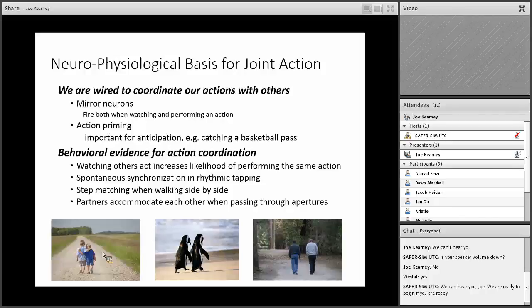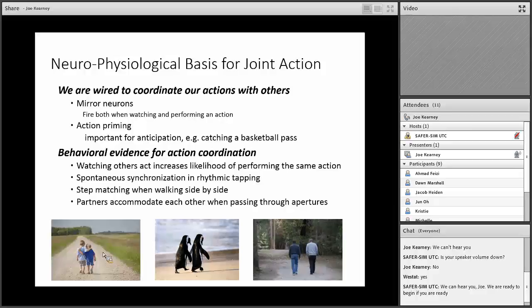There are also neurons that respond in anticipation of actions. They prime you to respond to actions of others that are important when you're doing interactive activities such as catching a basketball. There's also a great deal of behavioral evidence for action coordination.